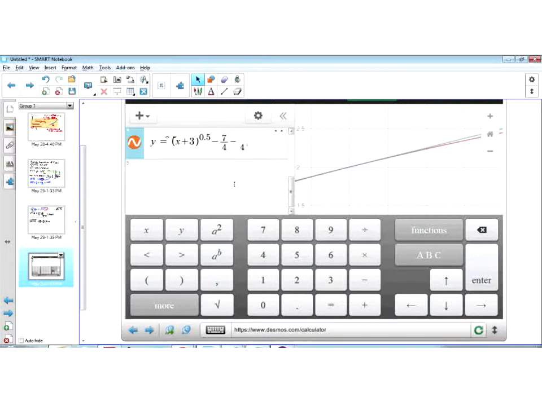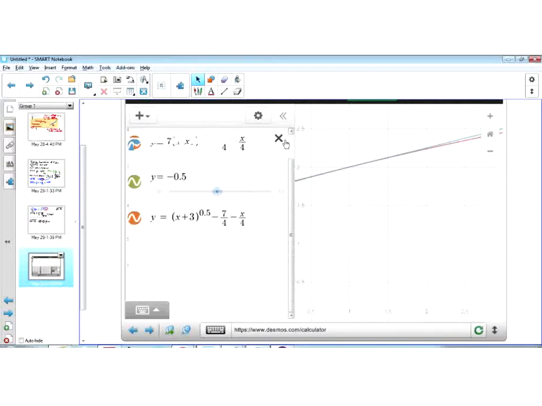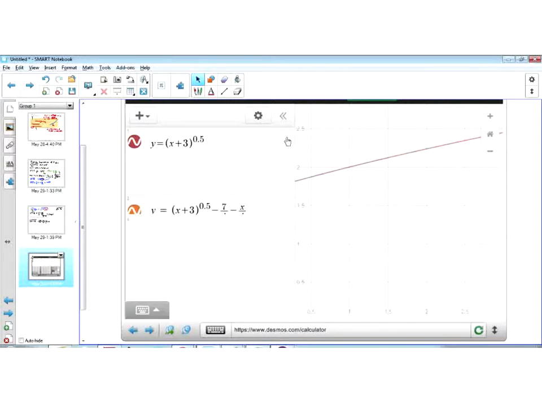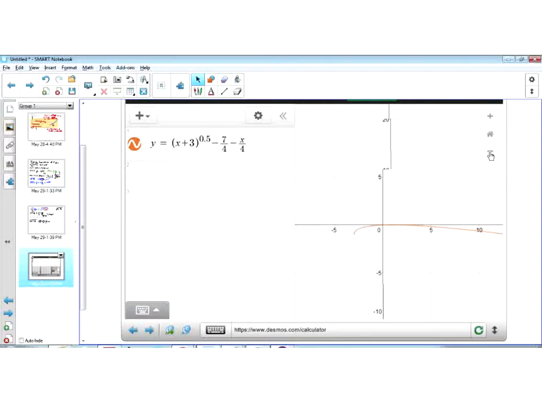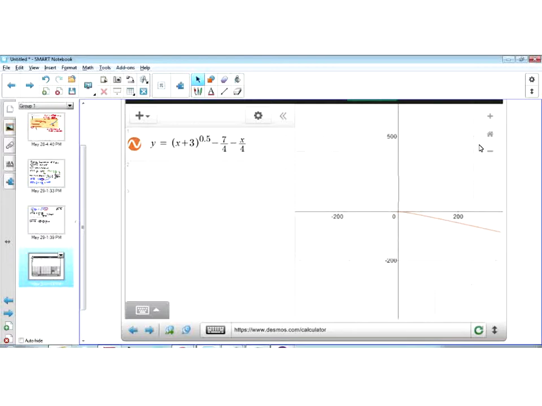Okay, so let's look at it perhaps from this vantage point. Let me get rid of this, get rid of this, get rid of this. Can I zoom? Let's see, zoom out. Where's my curve? It didn't show up, did it? Oh, there it is. Okay. All right, that's too much zooming.